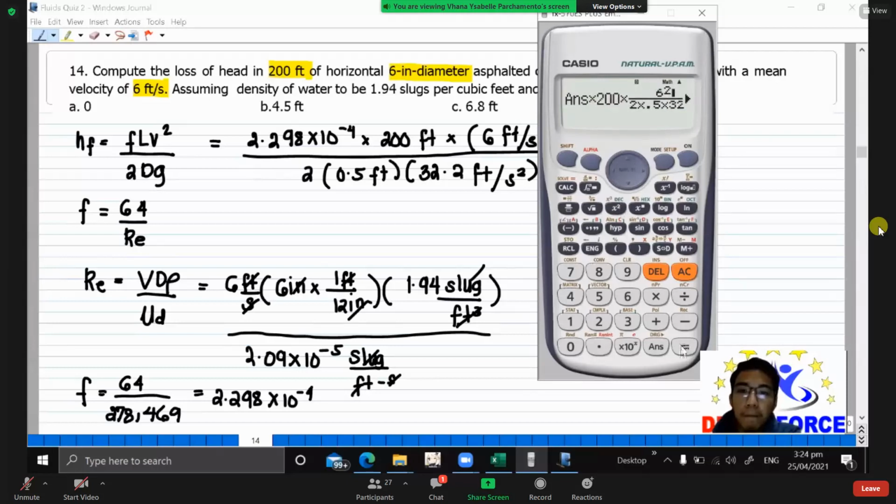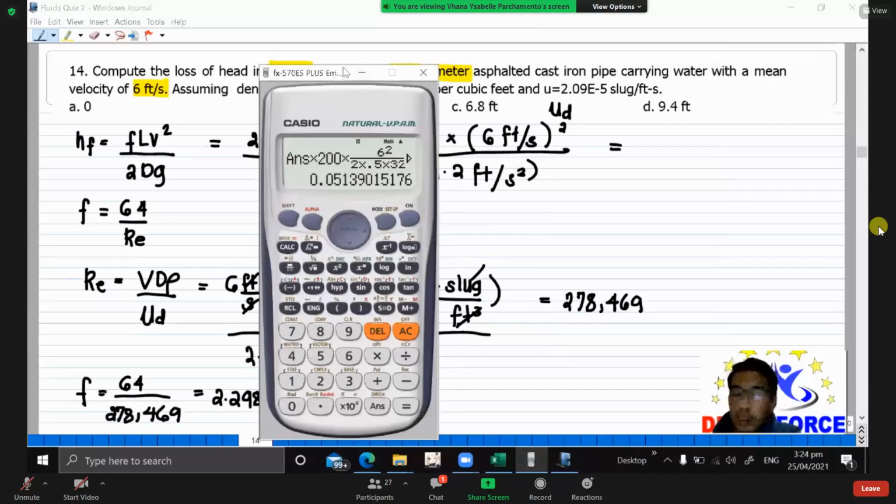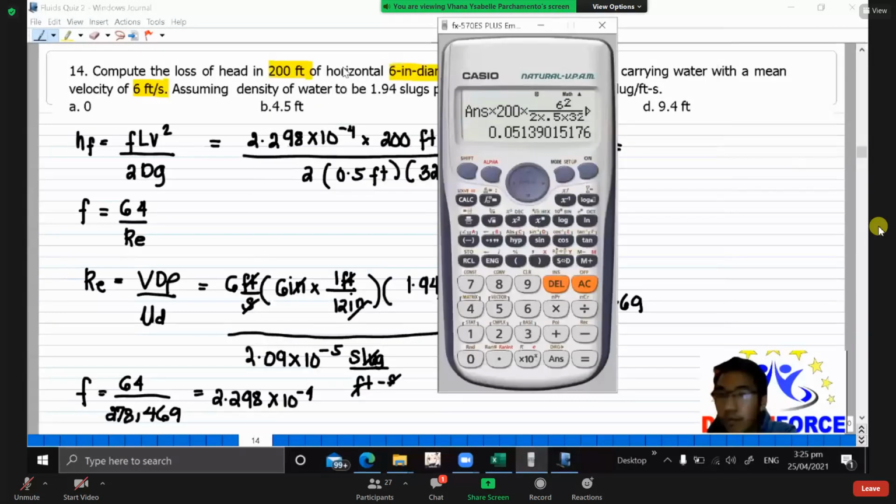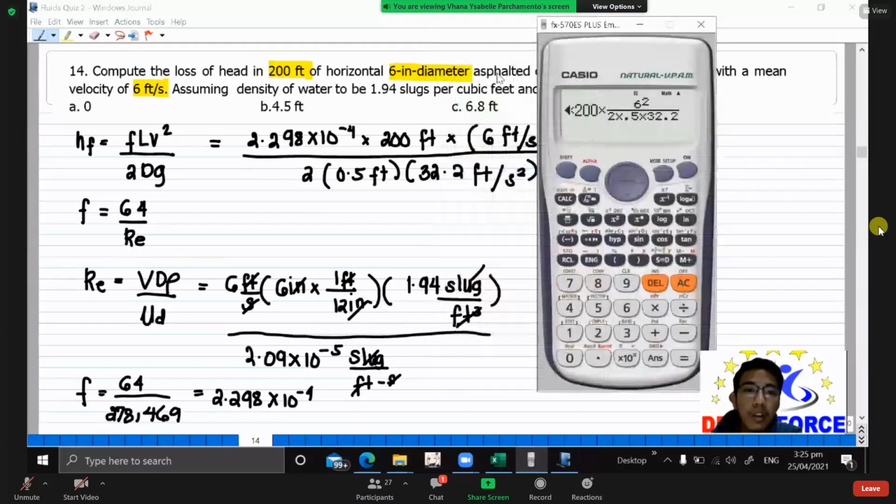Naka-square pala tong 6 natin. Tama ba? 0.05. 6 squared. May maliit tayo na input. Tingnan natin. 2.298 times 10 raised to negative 4. 0.05. Okay, double check lang.